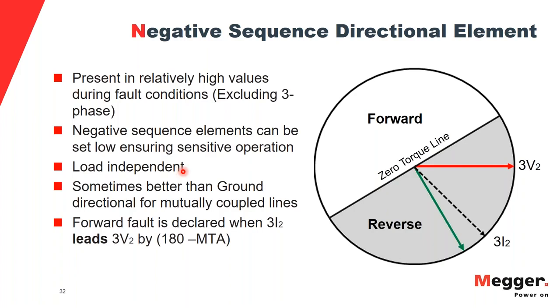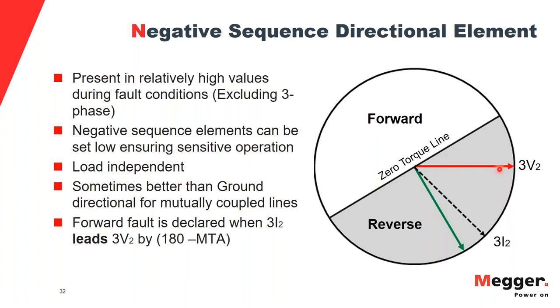So if the load is changing, negative sequence element is independent of that. Sometimes, in special cases, like when you have mutually coupled lines with different zero sequence polarization sources, in those special circumstances, this negative sequence directional element has proven its worth for ground faults compared with the ground directional element. So sometimes it's better than ground directional as well.